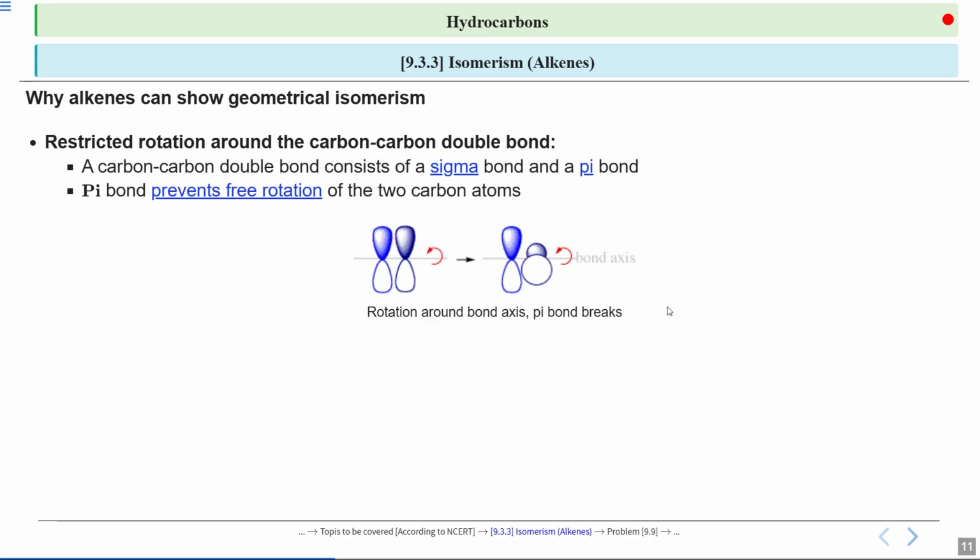So, here is an image illustrating what happens when rotation occurs around the bond axis. Notice how the pi bond has to break, because for a pi bond to exist, both p orbitals should be parallel to each other.